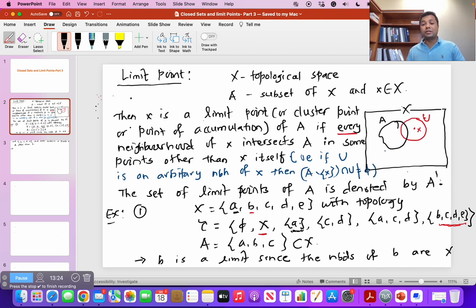So it does not intersect the set A other than at the point a. We cannot say a is a limit point, because every neighborhood of a should intersect the set A at some point other than a, but this neighborhood does not.